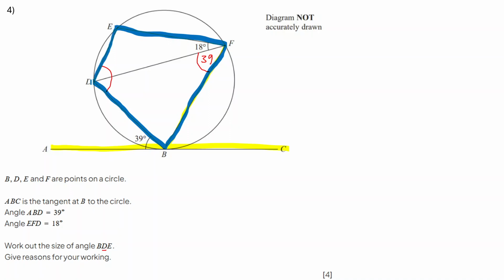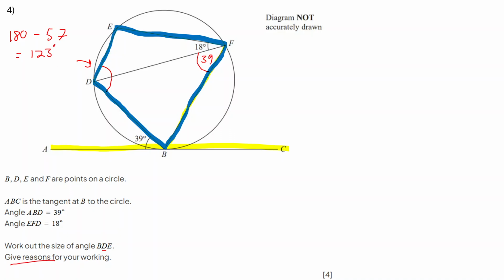So I know the opposite angles in a cyclic quadrilateral add up to 180, which must mean this angle here must be equal to 180 take away 18 plus 39, and 18 and 39 is 57. So 180 take away 57 is 123. And I didn't give any of the reasons here, so I need to.